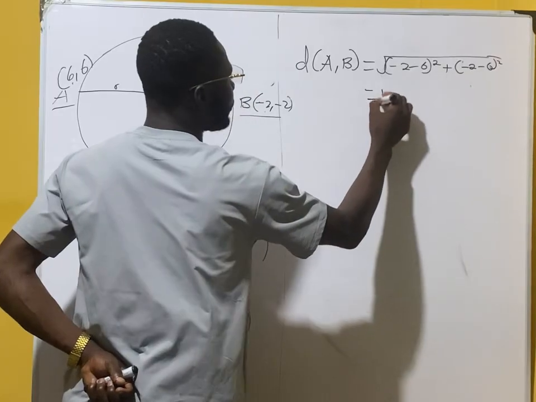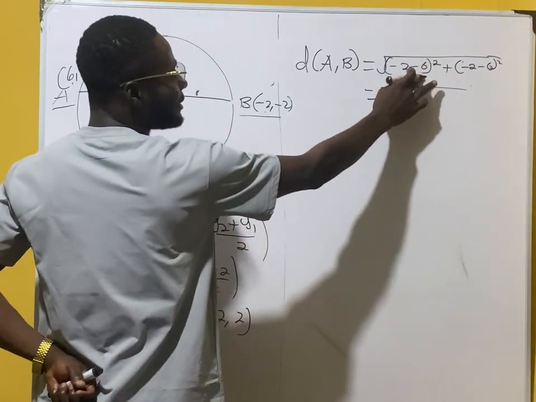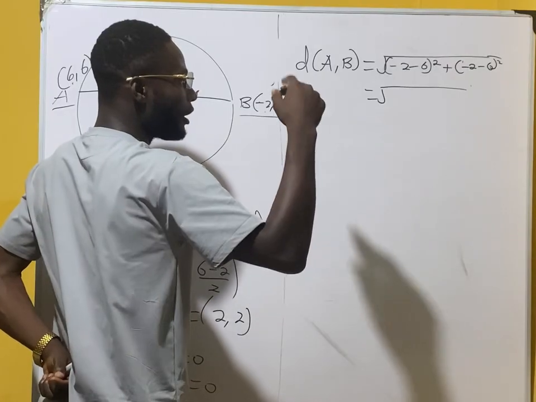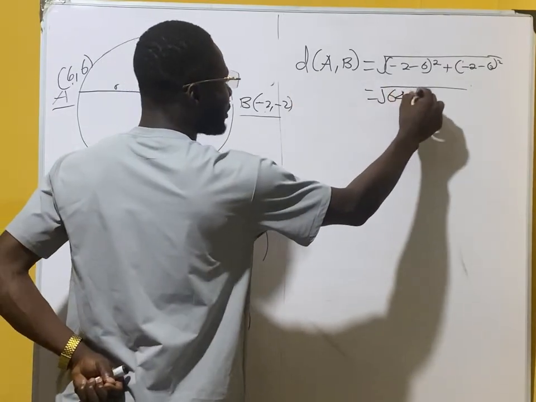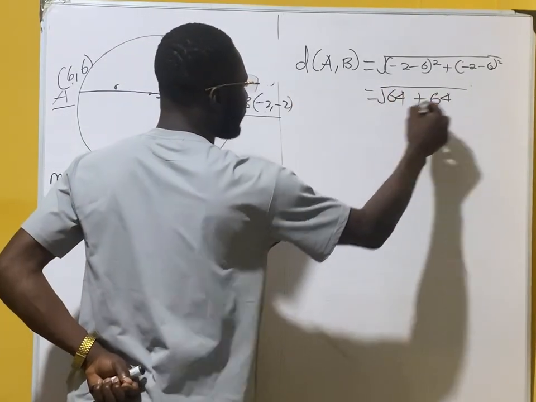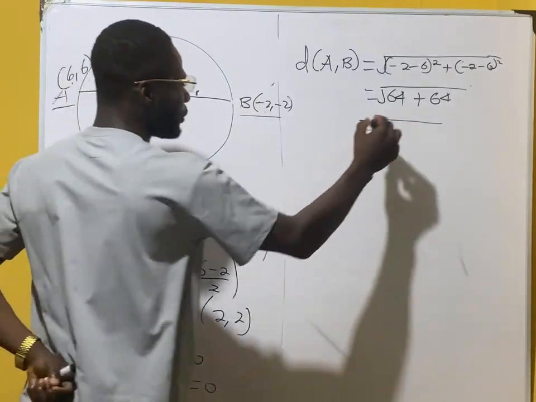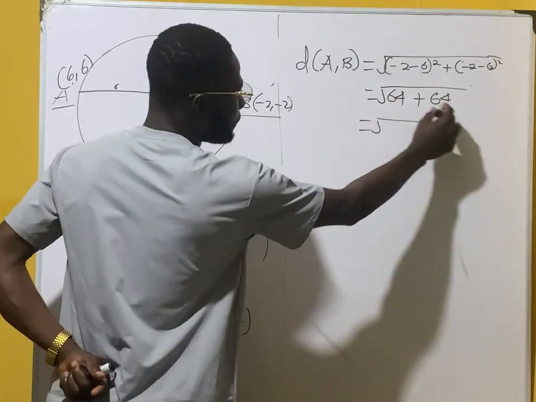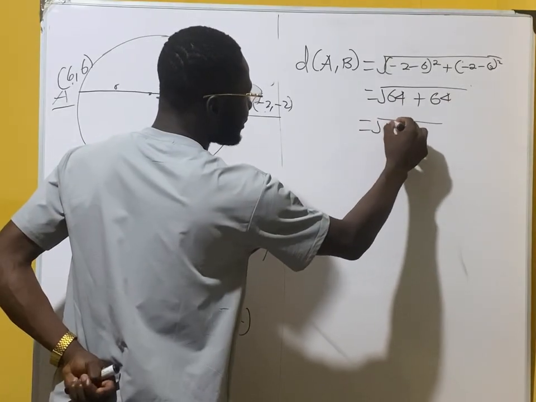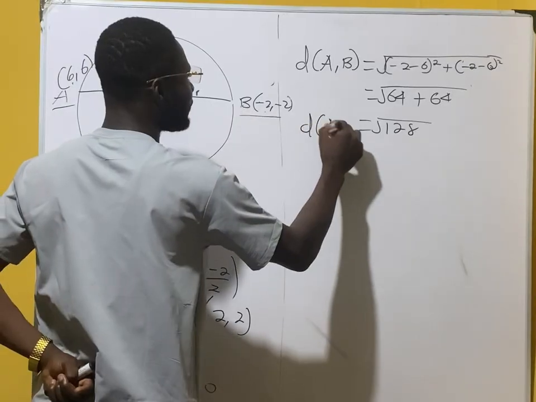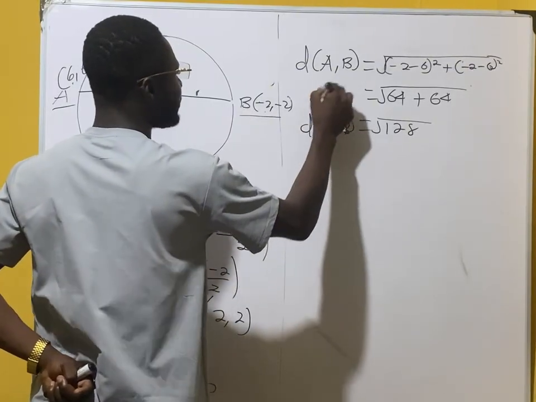So we're going to have minus 8 squared, that's 64. So 64 plus 64 is 128. So that is the distance of A and B.